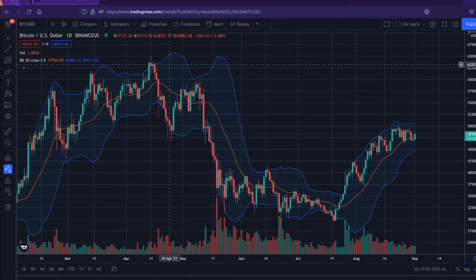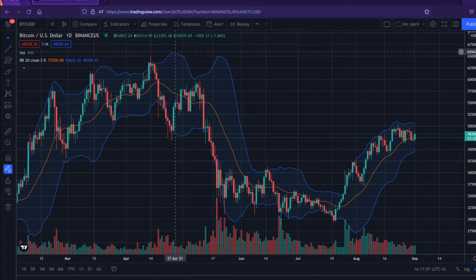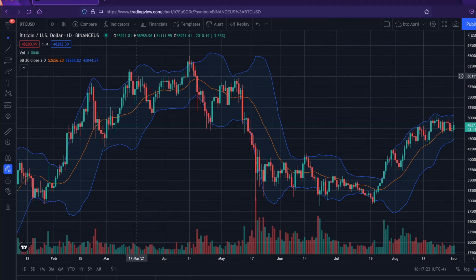Now, what Bollinger Bands seek to do is they seek to see whether the market is overextended. So with the Bollinger Bands, what they look at is once the market extends above the Bollinger Band, like we see here, the market was outside of the upper Bollinger Band and it quickly jumped back in the Bollinger Band.